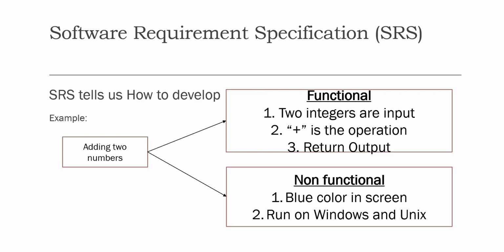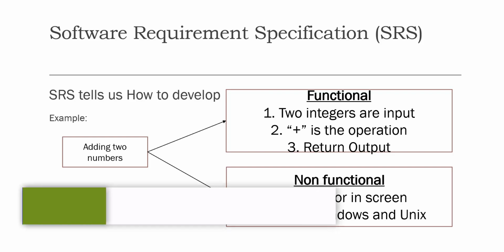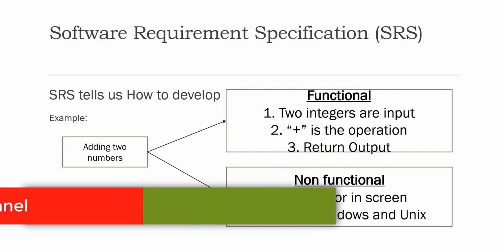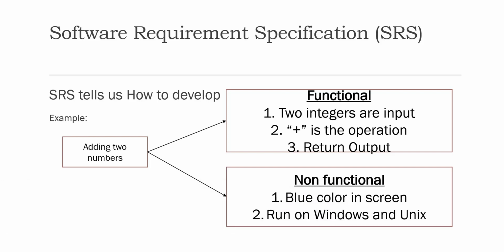Like the BRS, it gives us a summary of the project and the scope of the project, but in a more detailed way than the business requirement specification. The BRS describes what requirements we are going to cover in the upcoming development of the software, whereas the SRS gives us the functional and non-functional requirements that will be available while making the software.